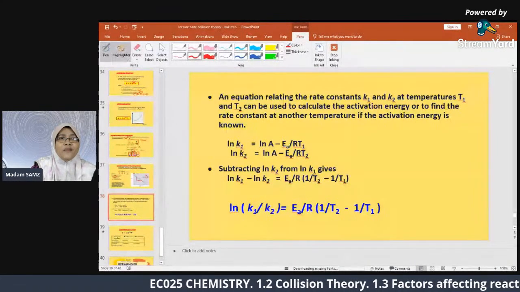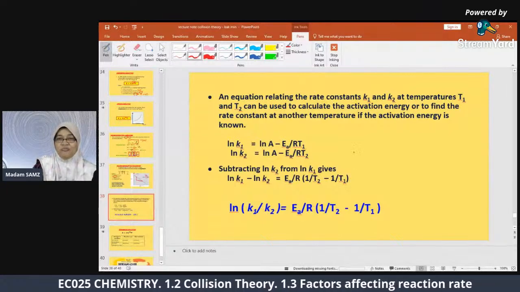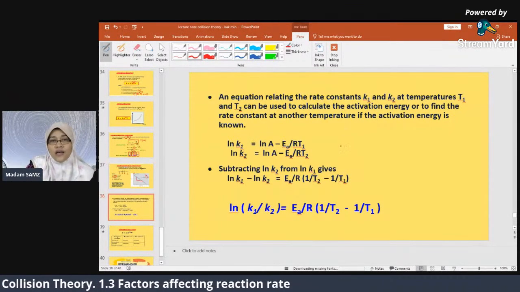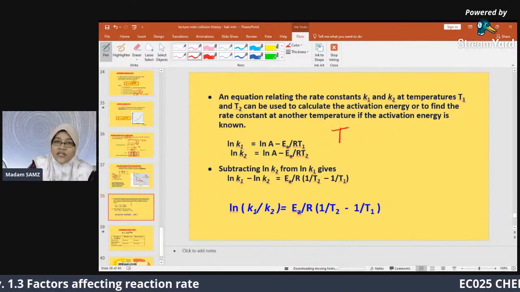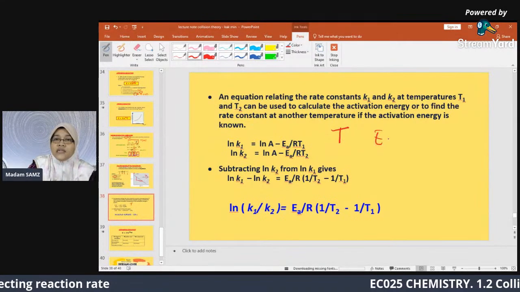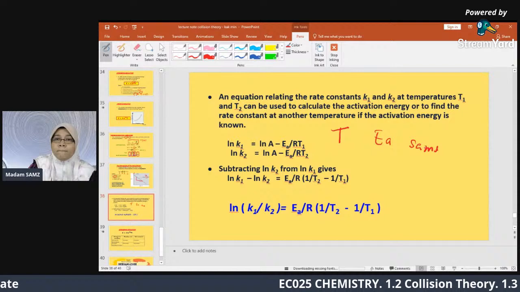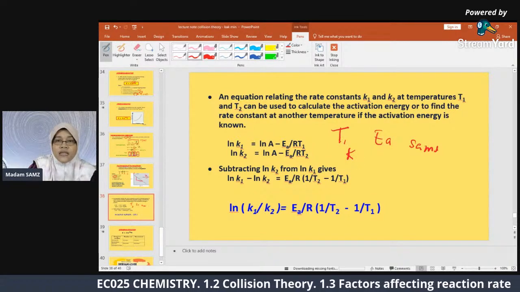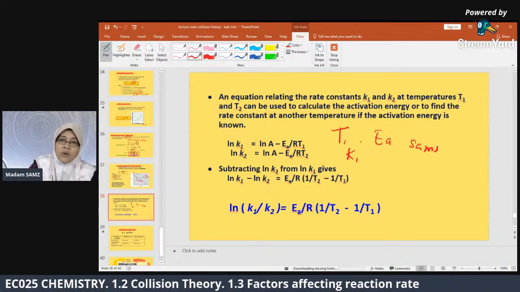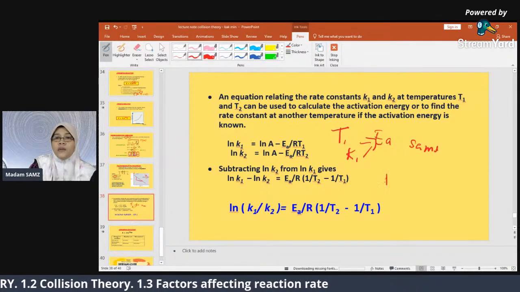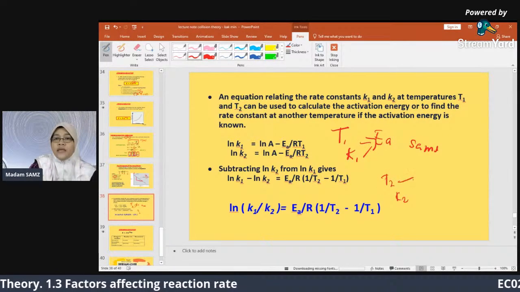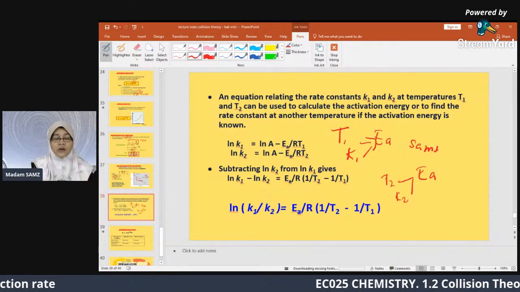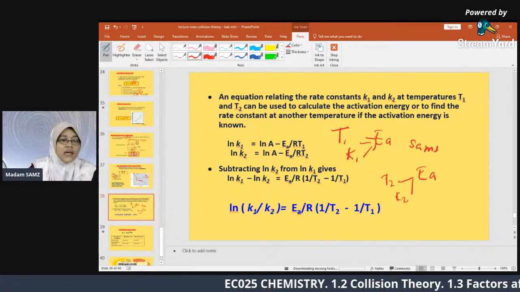So when temperature is different, the Ea is still the same. Okay. But the k is different. Maksudnya bila T1, k dia k1, Ea dia sama. Okay. Bila T2, k dia k2, tapi Ea dia tetap sama. Okay. Yang alter Ea ni siapa? Yang alter Ea ni catalyst sahaja.